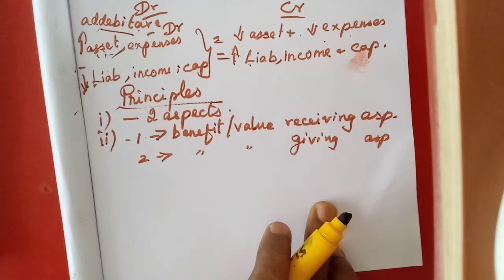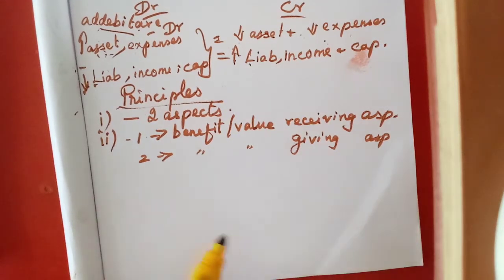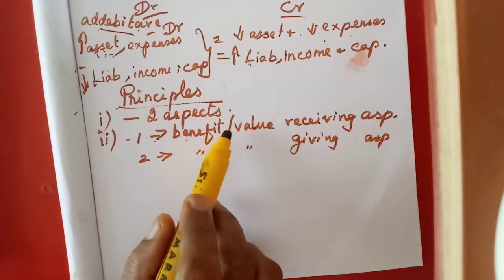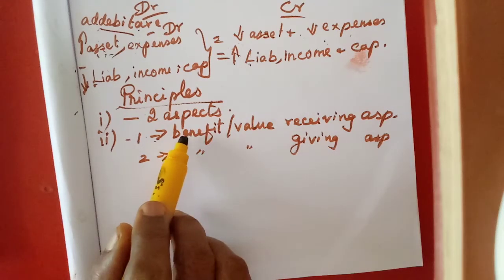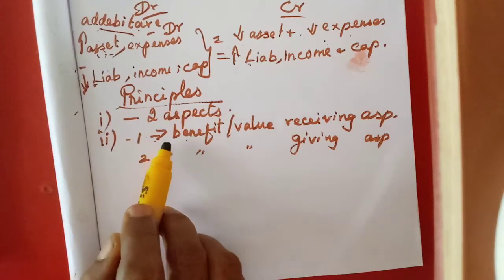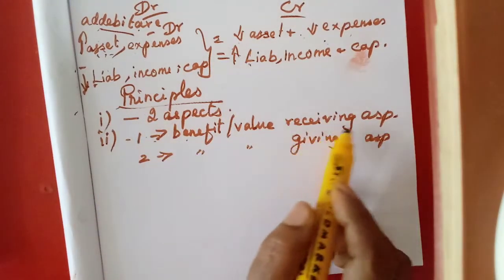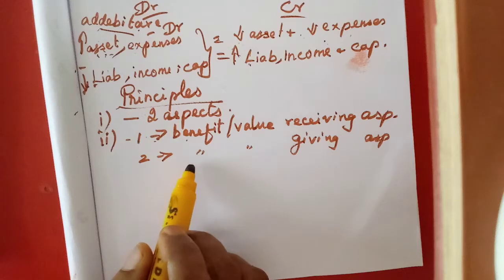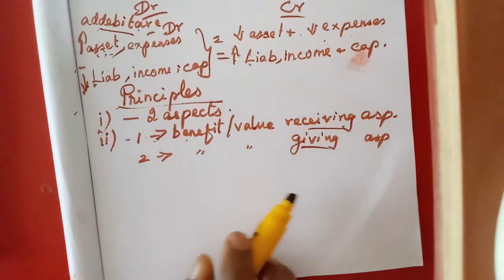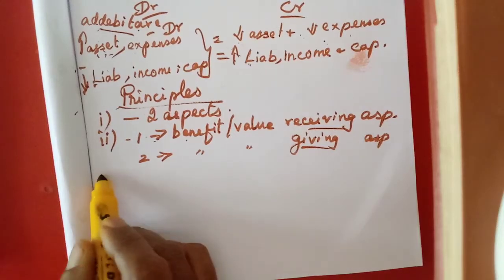So the two aspects here we have learned. The first one, for each and every business transaction, there are two aspects. One aspect will be the benefit or value receiving aspect, the other will be the benefit or value giving aspect. So in short, one is giving aspect and the other is receiving aspect.